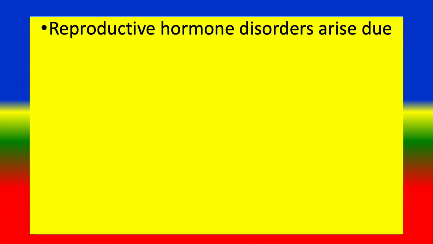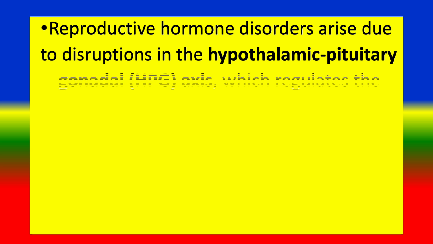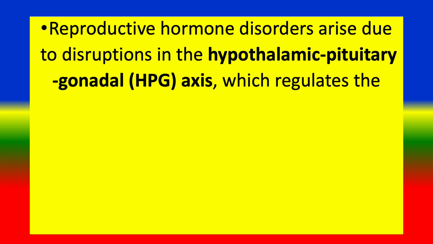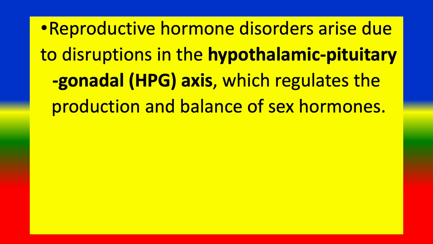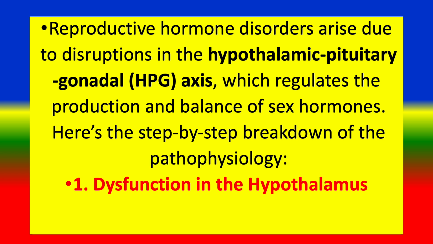Reproductive hormone disorders arise due to disruptions in the hypothalamic pituitary gonadal axis, which regulates the production and balance of sex hormones. Here is the step by step breakdown of the pathophysiology.